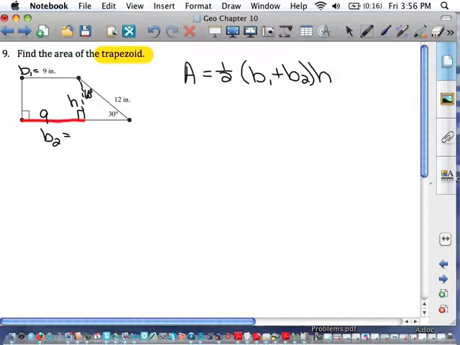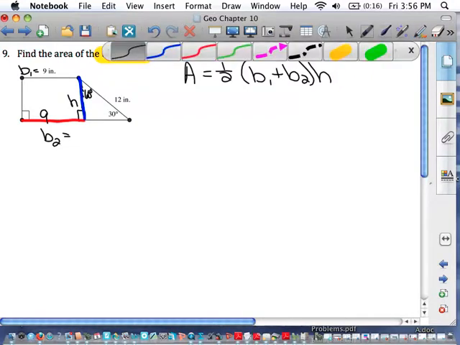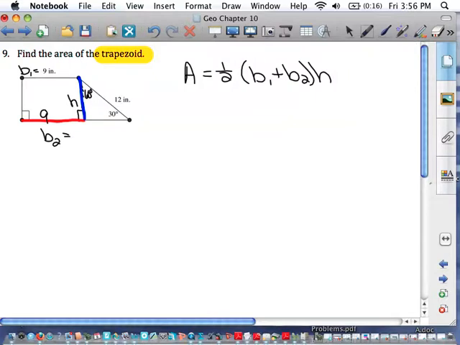So that means that H represents the short leg in this triangle. The relationship between the short leg and the hypotenuse of a 30-60 right triangle is the short leg is half the hypotenuse. So in this case, H is equal to 6. Now that makes this the short leg, that means that this is the long leg.